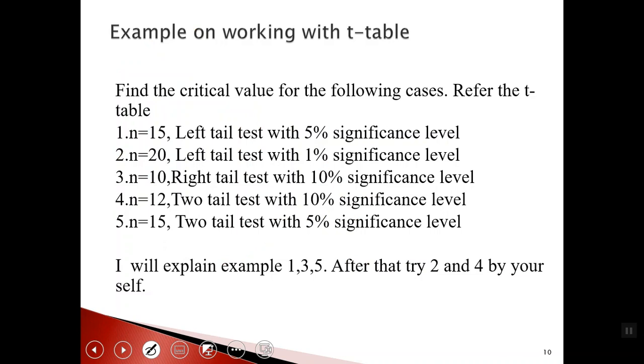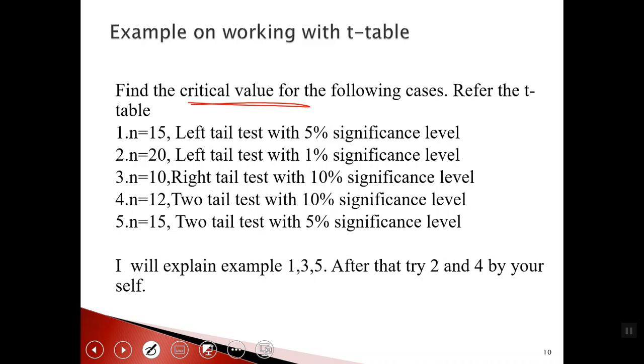There are a few things you should be familiar with before you work with this t table. I know it is a little bit tough, but actually it is very easy, same as the Z table. The only thing is you should figure out how we do this step by step. Okay, let's find some critical values based on the t table.